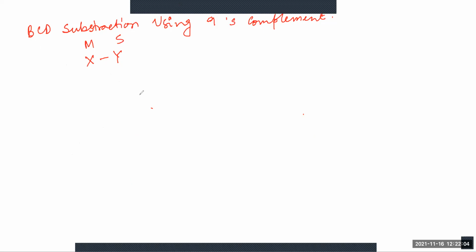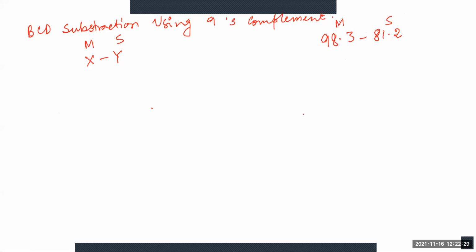For this concept, we take one subtraction, like 98.3 minus 81.2. In that case, 81.2 is the subtrahend and 98.3 is the minuend.